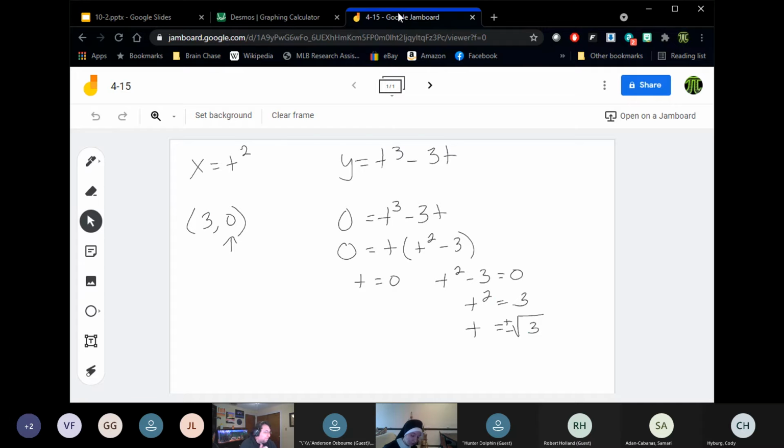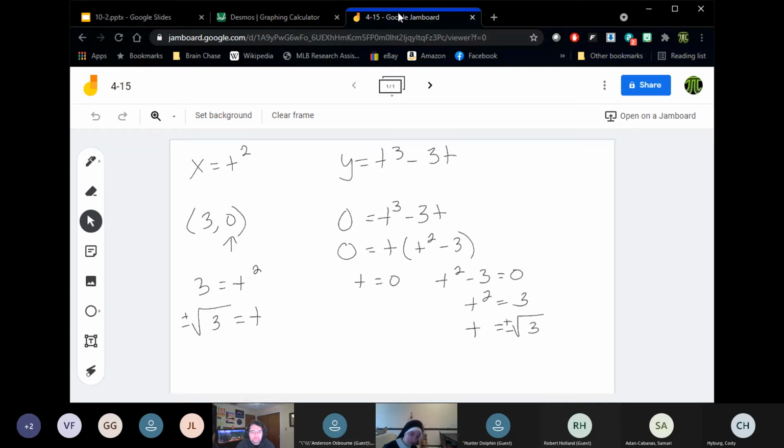But it's also got to work for the x value as well. So if I look at the x one now, I plug in 3 for t squared, and the only ones that work are plus or minus the square root of 3. So I've now shown that there are 2 t values that will work when my point is (3, 0).